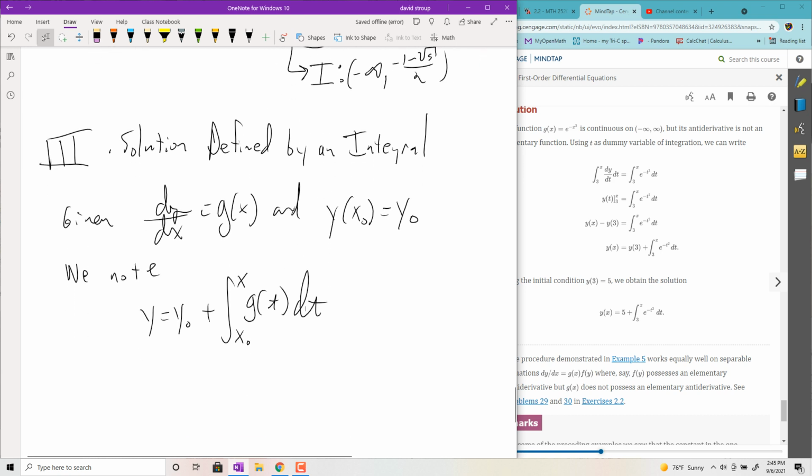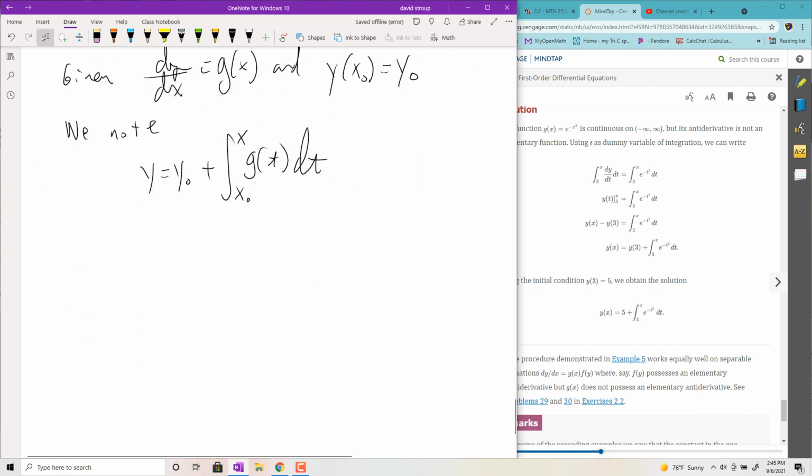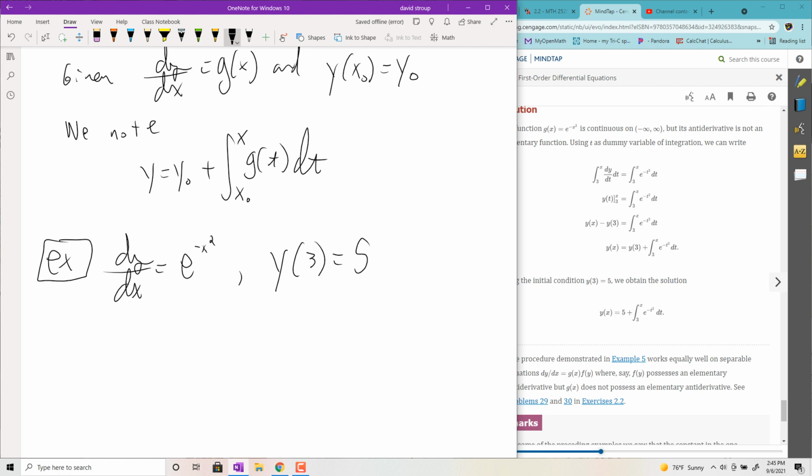But you could still embed the initial condition into your answer. So in example 5, let's take a look at that guy. dy over dx equals e to the negative x squared, and then our initial condition, y of 3 is 5. So you could approach it like you normally would by separating, but you're not going to be able to integrate that right-hand side. Okay?